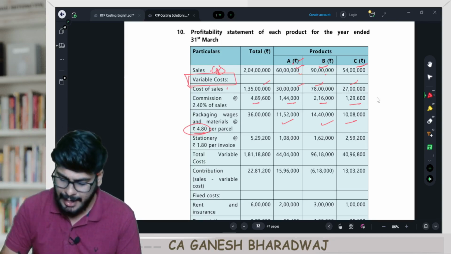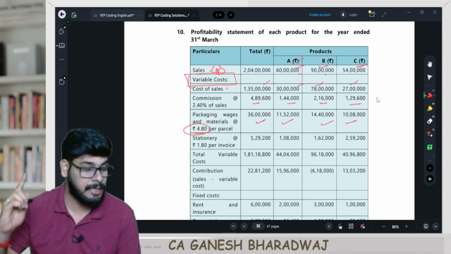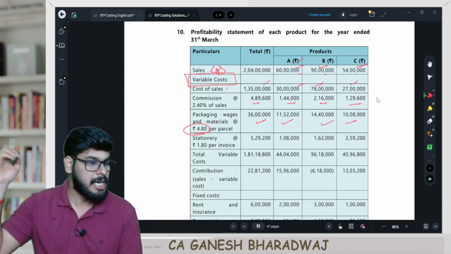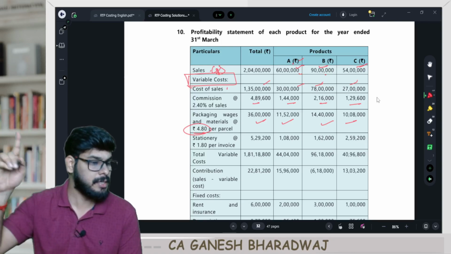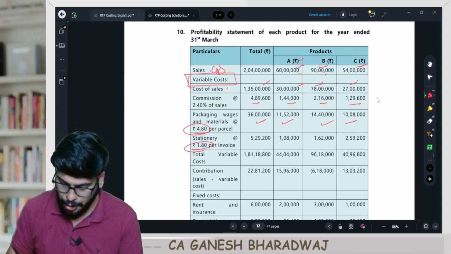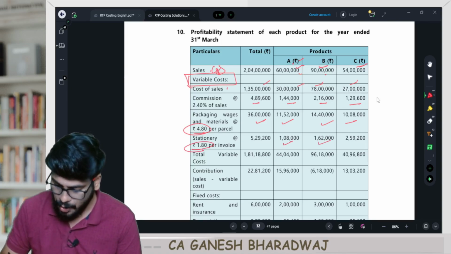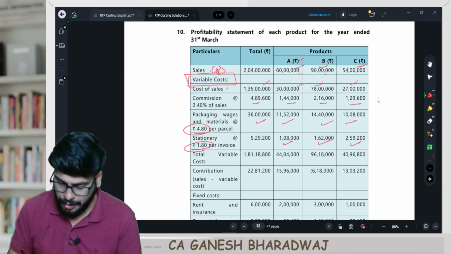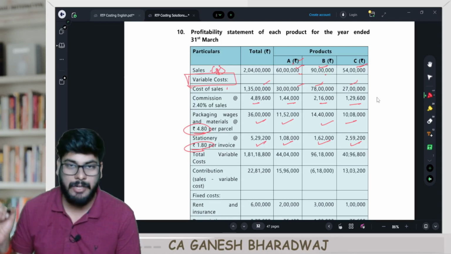Direct figures, right? Add up the three, you get a total of 36 lakhs. Similarly, the stationery, they have given it as 1.8 rupees per invoice. Number of invoices for A, B, and C: 60,000, 90,000, 1,44,000. Respectively, you multiply it with 1.8 rupees, you get 1,08,000, 1,62,000, and 2,59,200. You add up the three, you get a total of 5,29,200.